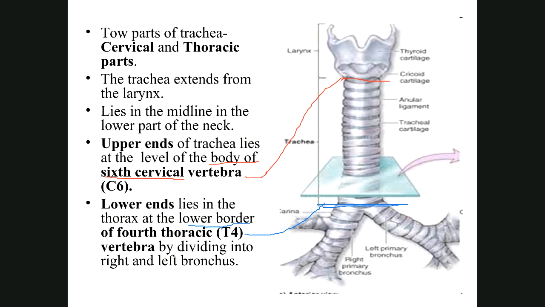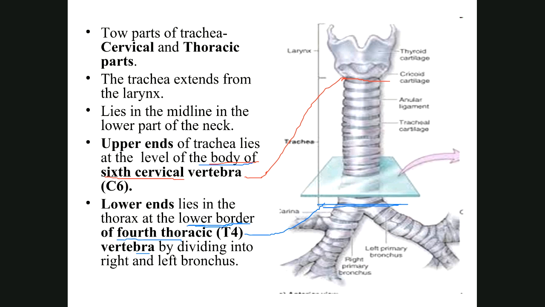Remember these words. Which part of the vertebra is the most important thing. In the cervical region, the upper end is at the level of the body of the sixth cervical vertebra, and the lower end is at the lower border of the fourth thoracic vertebra.